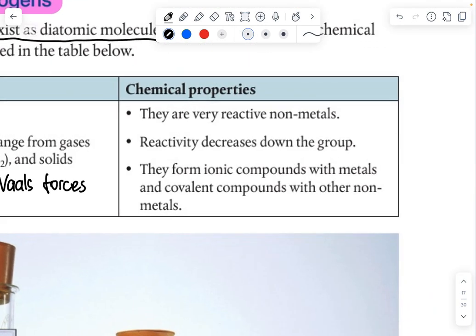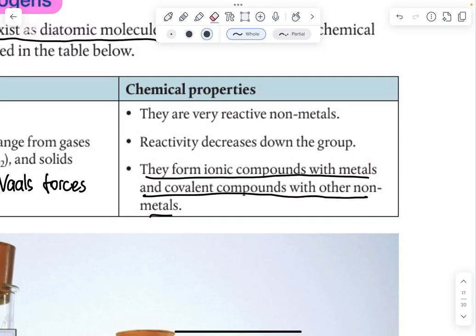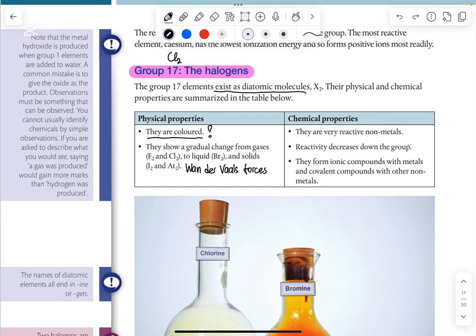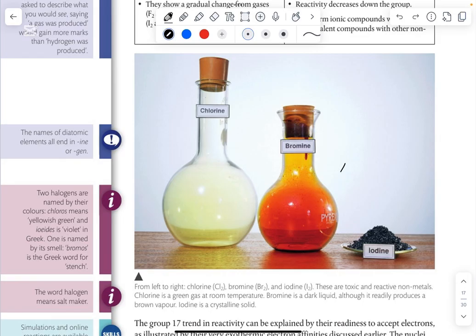So the chemical properties are that they are very reactive nonmetals. Their reactivity decreases down the group, and they form ionic compounds with metals and covalent compounds with other nonmetals. As you can see, they are colored compounds. Iodine looks kind of purplish, bromine looks brown, and chlorine looks yellow.